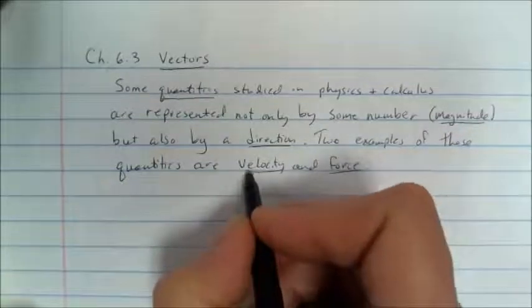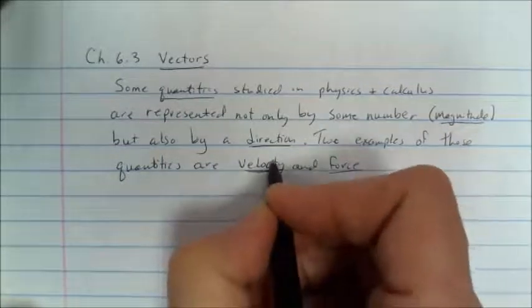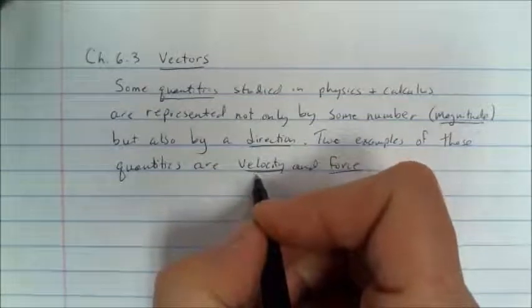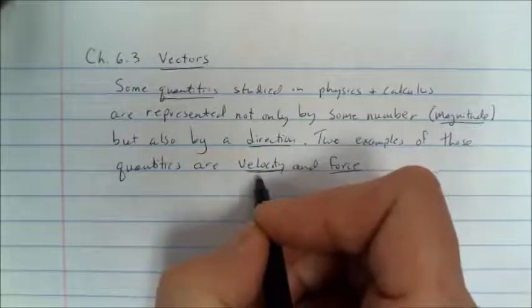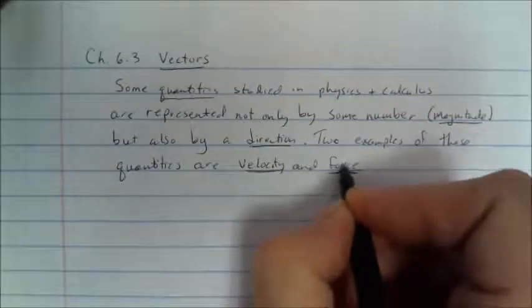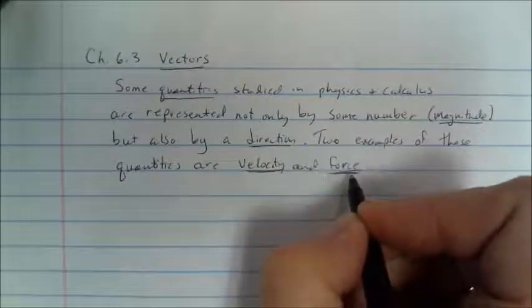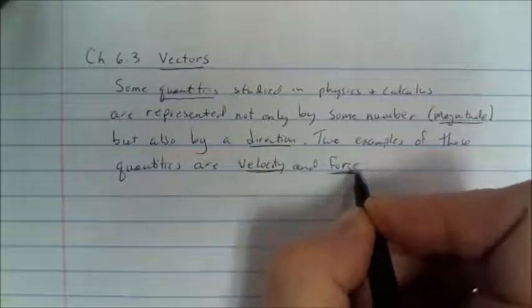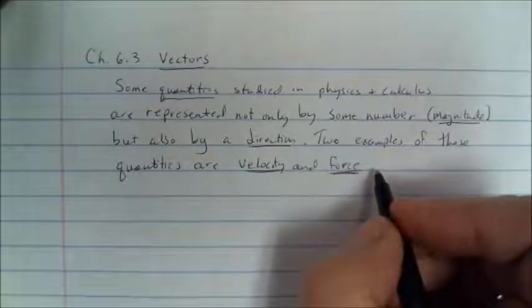All right, velocity has a magnitude and a direction. The magnitude would be the speed of an object, and the direction would be whatever direction the object is traveling in. And similarly, the force, the magnitude is how much force you place on an object, but it also has a direction, the direction that the force is being applied.